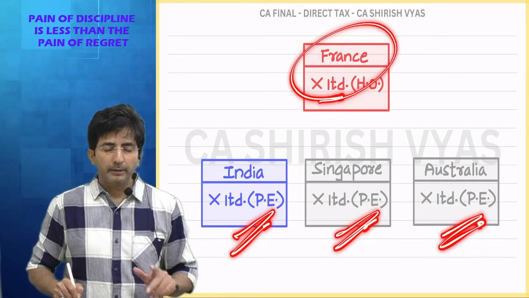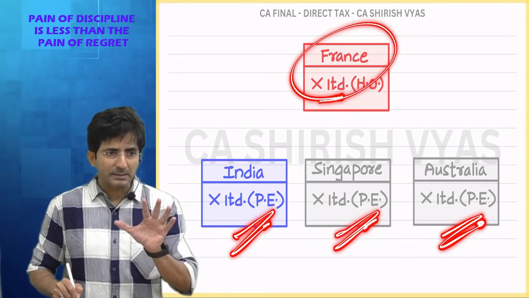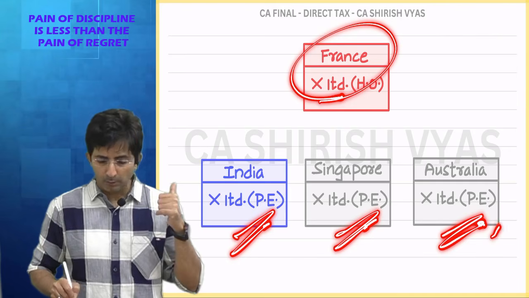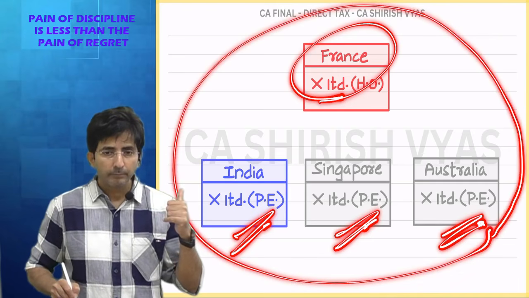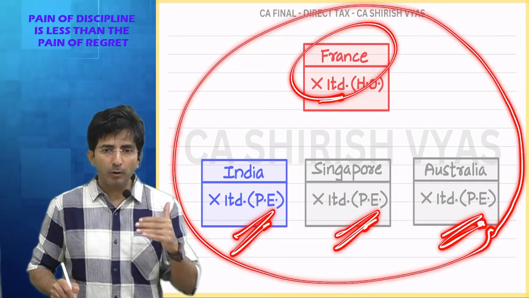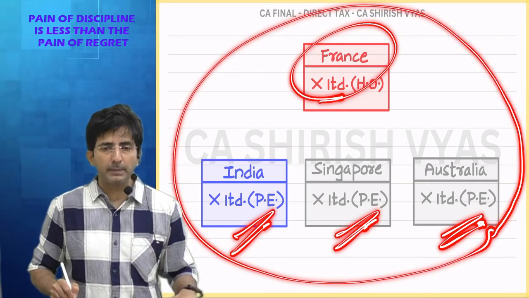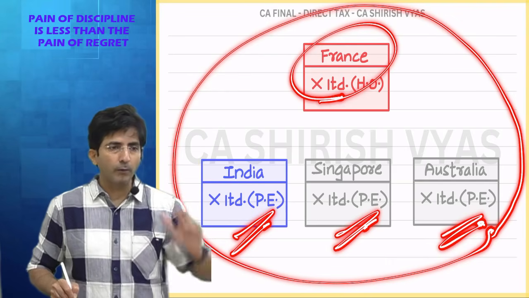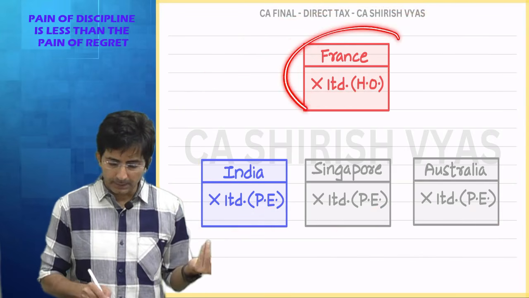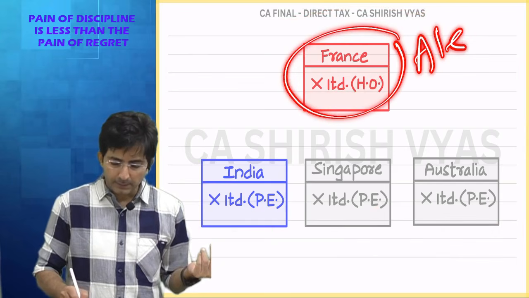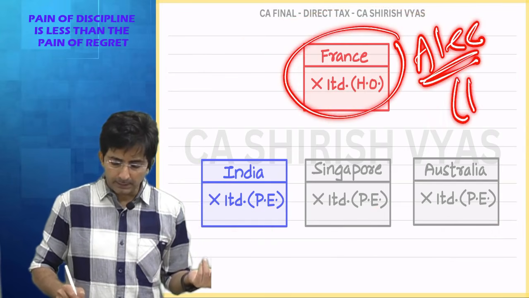Now tell me, can the Indian government tax this France company on the world profit? Can the Indian government tax this France company for the whole world profit? No, because basically this company of France is my assessee and the assessee is a non-resident.